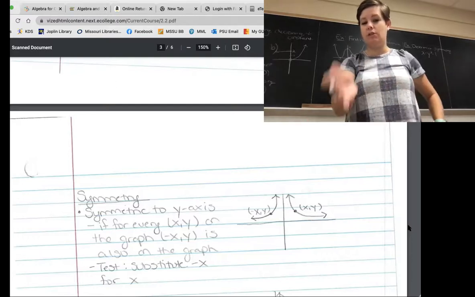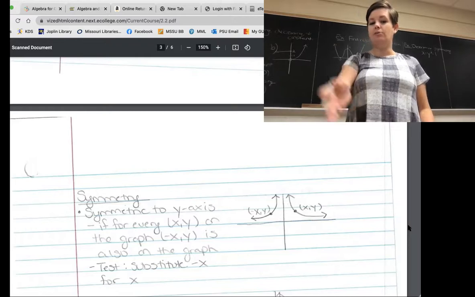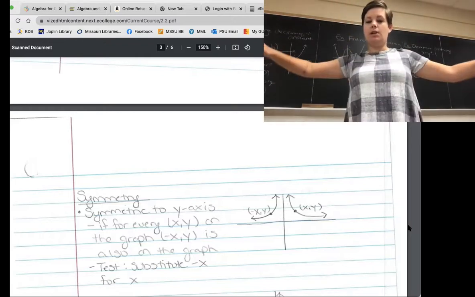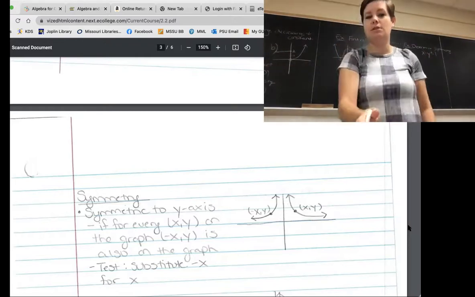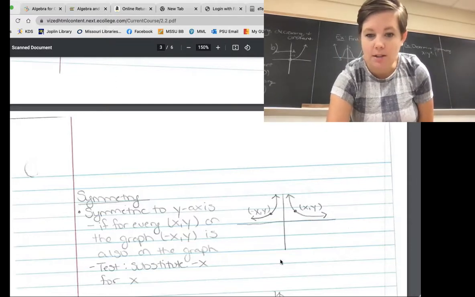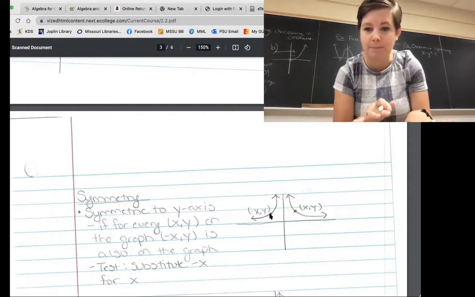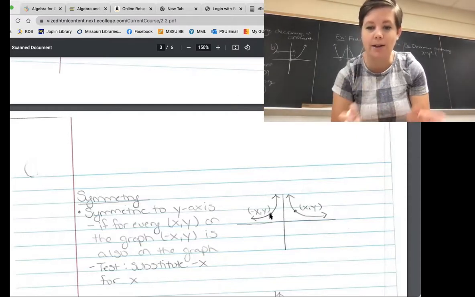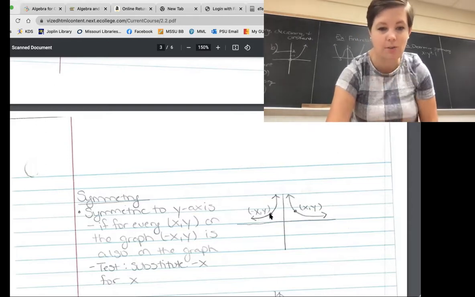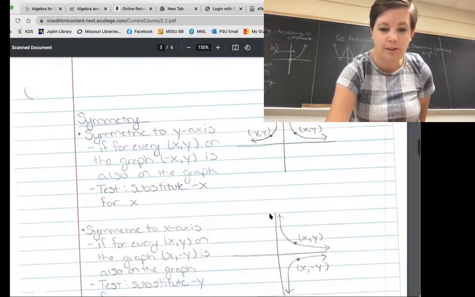And as you can see, there's a very generic graph where it shows you the two swoops like this, where it is symmetric about the y-axis. And notice we have the point x, y over here, which means we have the point -x, y here. So the y stays the same because we're about the y, and our x's change from positive to negative if you're symmetric about the y.